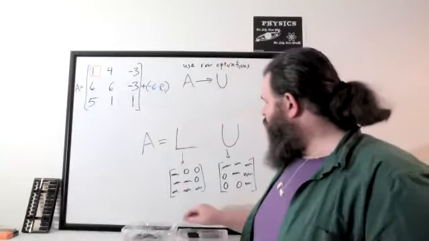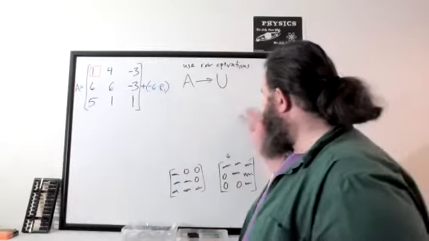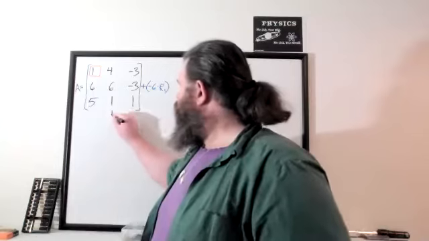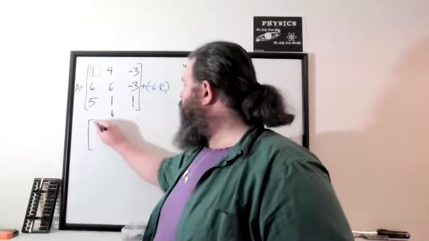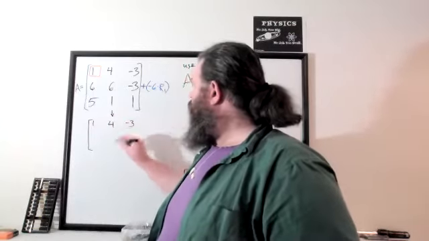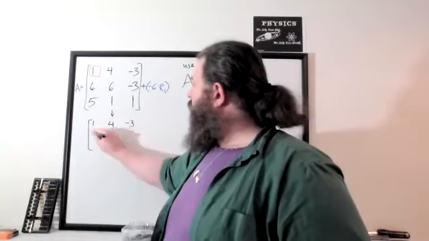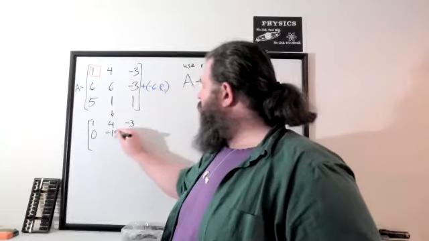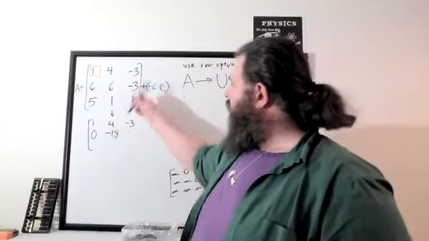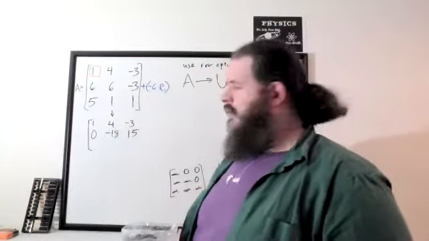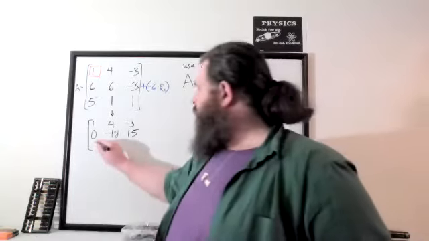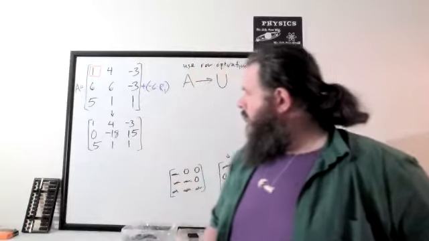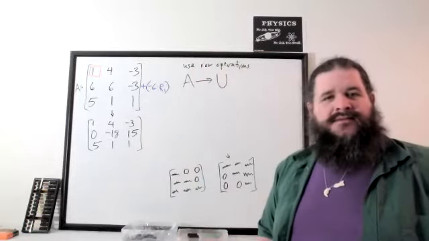So let's see what that becomes. First row, we're not changing. Second row, 6 minus 6, 6 minus 24, -3 plus 18. And then third row, we're not changing it. And then what's another operation we can do here?